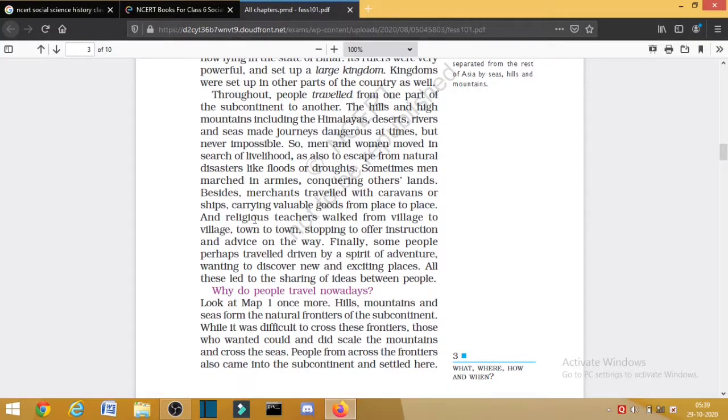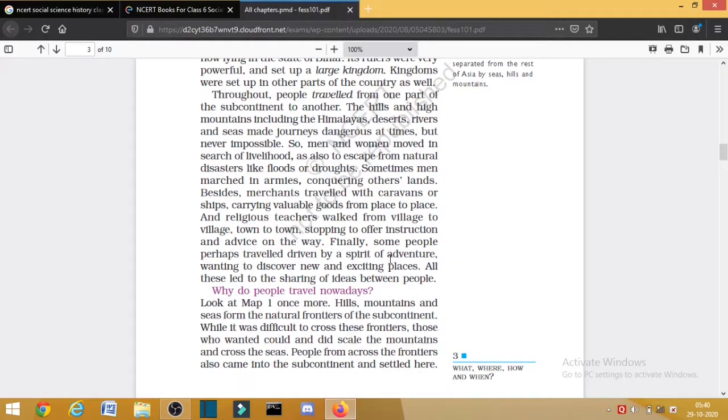And religious teachers walked from village to village, town to town, stopping to offer instruction and advice on the way. Finally, some people perhaps traveled driven by a spirit of adventure. They used to go from one place to another, wanting to discover new and exciting places.